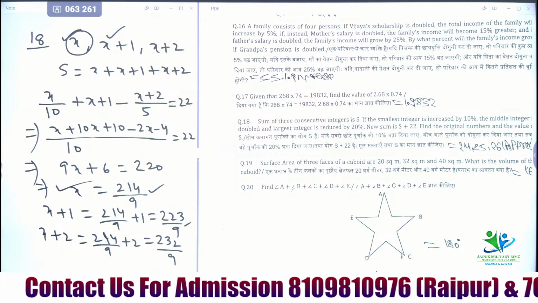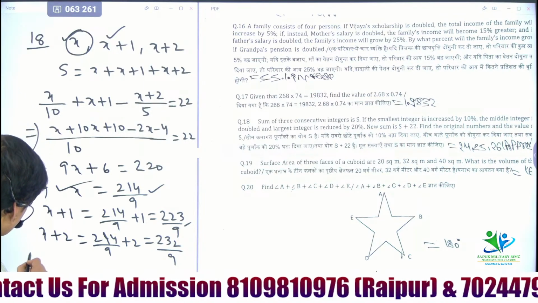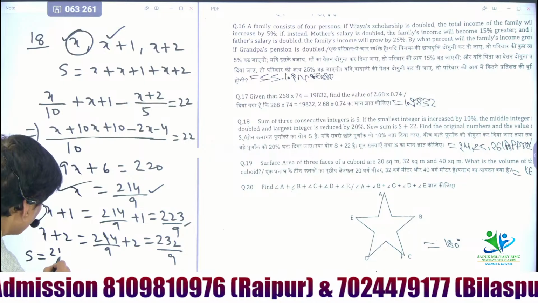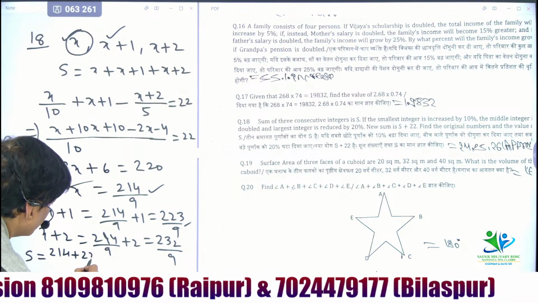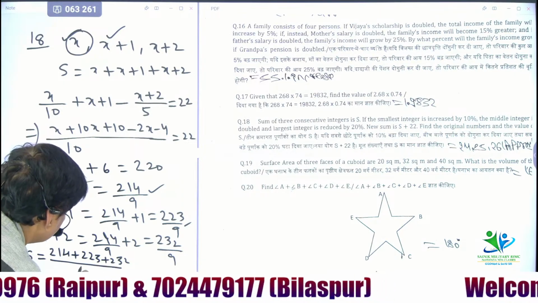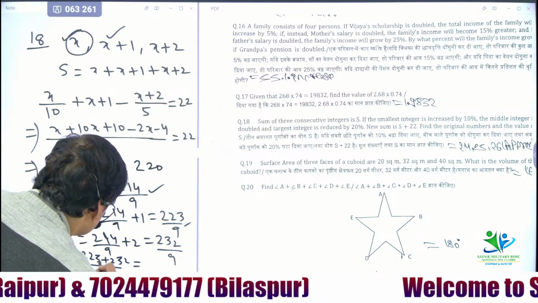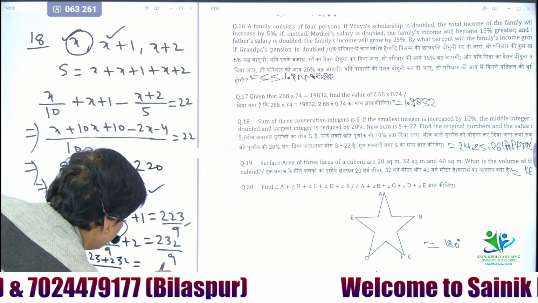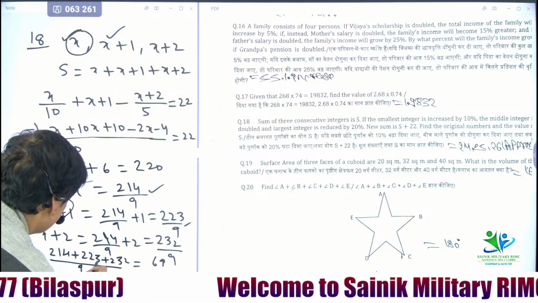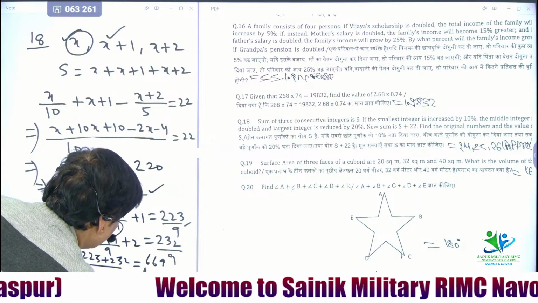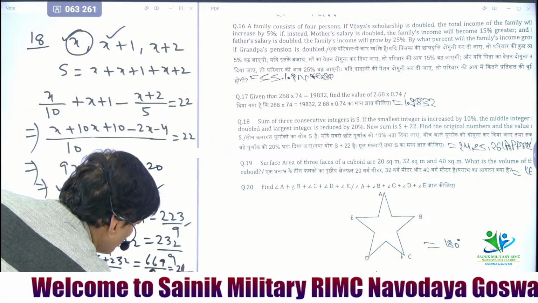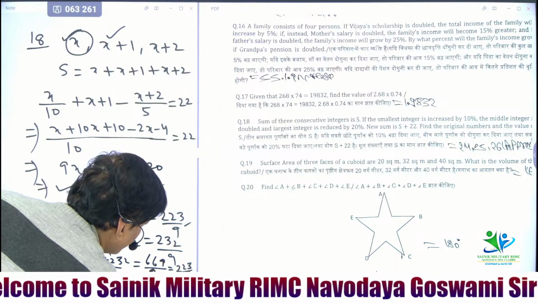And also you have to find the value of S. Now for finding the value of S, find the sum of these three. You get 214 plus 223 plus 232 divided by 9. Adding, you get 669 divided by 9, and cancelling by 3, you get 223 divided by 3.